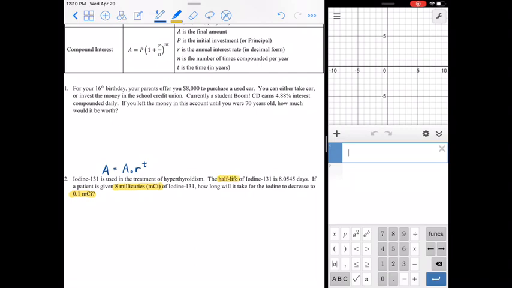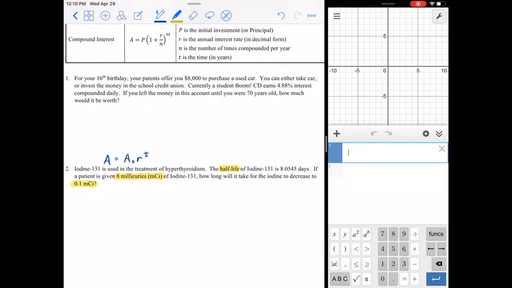So how long will it take to be cut in half, right? And so our R is going to be 0.5. So let's write that all out. Our R is 1/2, or 0.5, and T is what we're looking for.